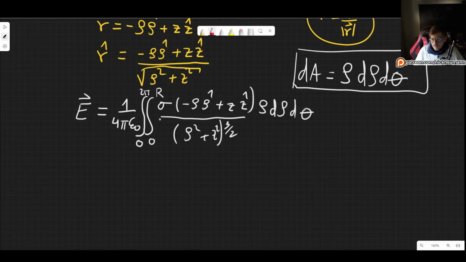Okay, so first step, we now want to take apart everything that we have here. We can, of course, take out this sigma, since sigma doesn't depend on any of our variables. Then let's separate our integrals that go in the theta direction and what goes in the radial direction. So in theta, what do we have? Well, there is no explicit dependence, but always be careful.